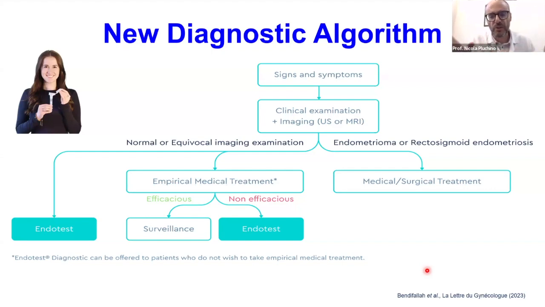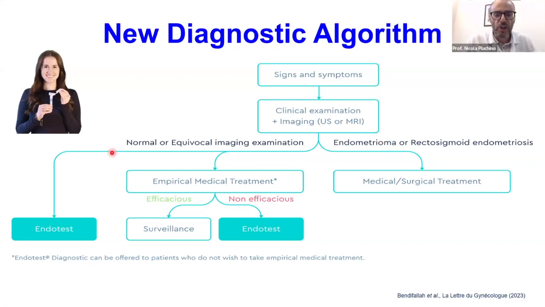And then we can have two different scenarios. The scenario where we can have the diagnosis of endometrioma or deep lesion, and this is quite common if those lesions, those phenotypes of endometriosis, are present. Of course, ultrasound and MRI scan are highly sensitive and specific to make the proper diagnosis.